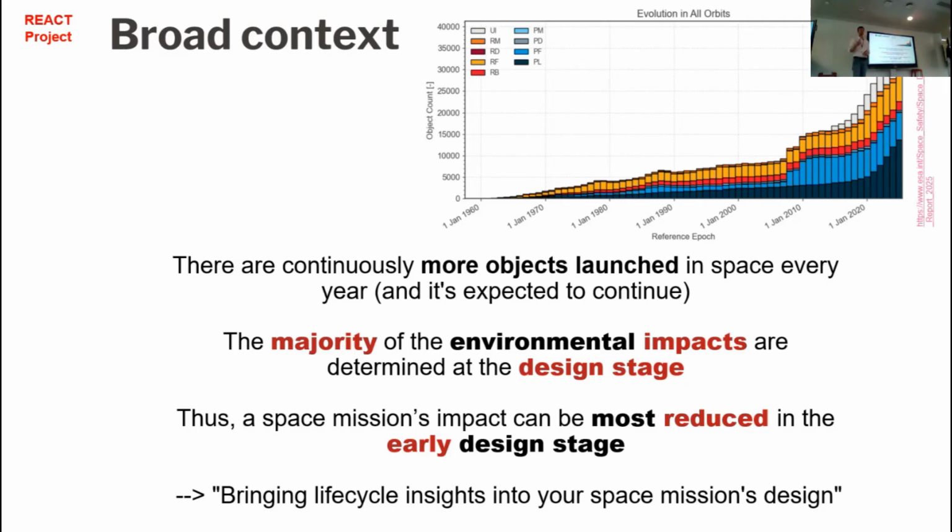And so this is also where we can have a positive effect by making design choices that are reducing those type of impacts. And this is why we have started this activity a few years ago, and are using life cycle assessment and life cycle insights into the design of future space missions.